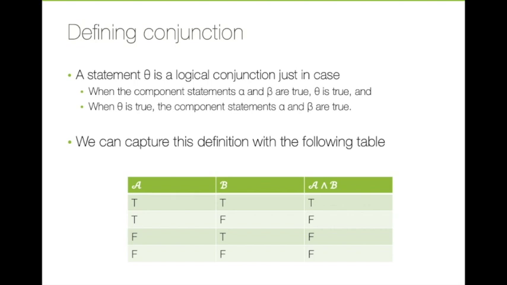The next 3 rows show that at least one of A or B is false. In the last one, both are false. Again, in the last 3 rows, as long as one conjunct is false, if you look at the final column, the whole conjunction is false.